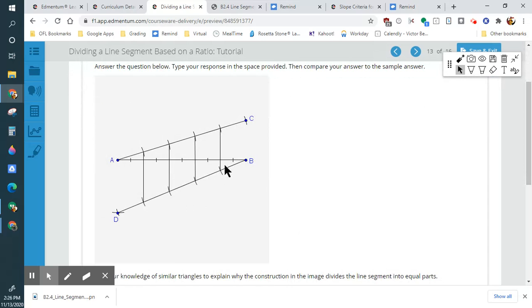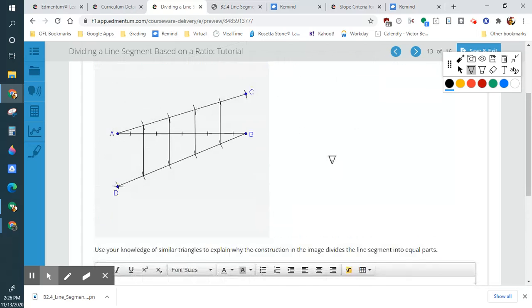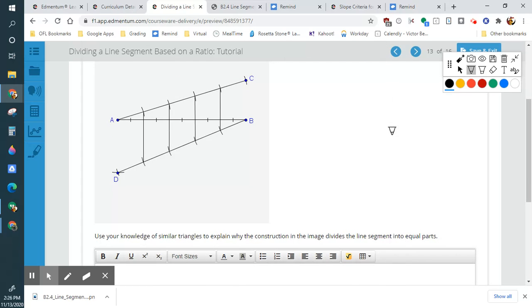I'm going to assume that these two lines are parallel. If these two lines are parallel, then they also share a similar angle. So we're going to expect that AC is parallel to DB.